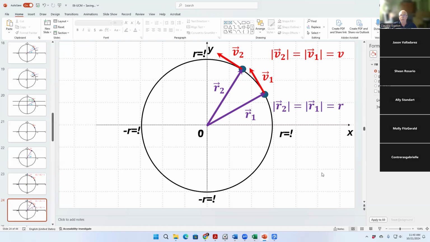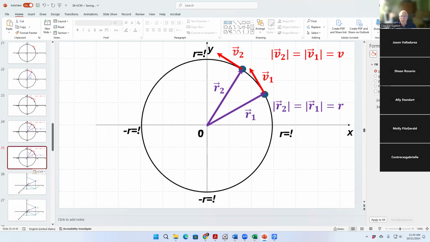Like that. But there is more. This angle here ends up being equal to this angle between those two vectors. Okay, it's possible to prove that. So here you go.